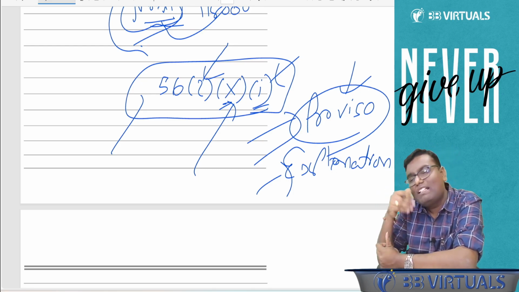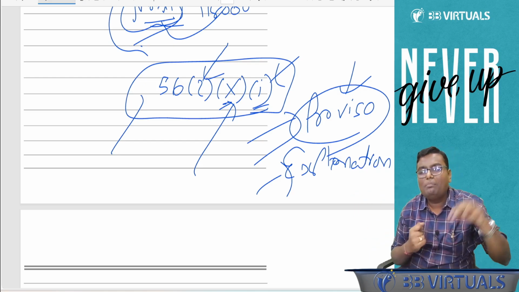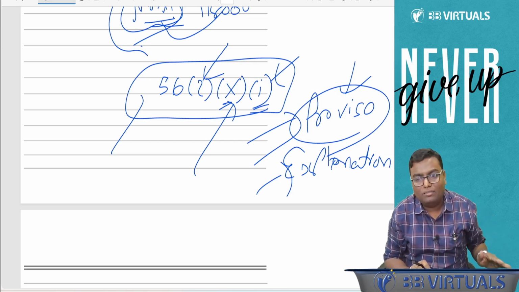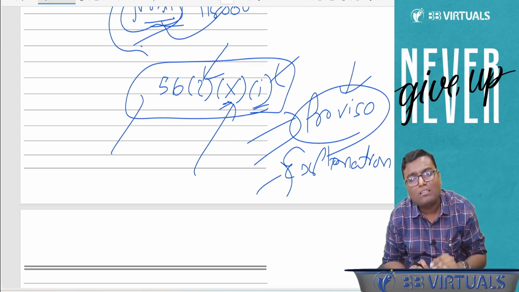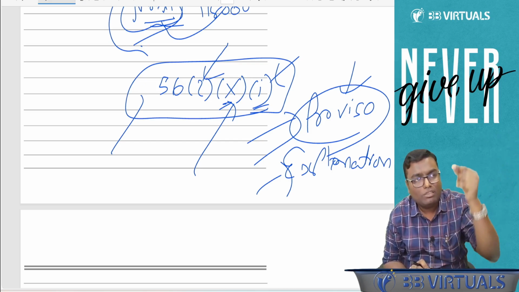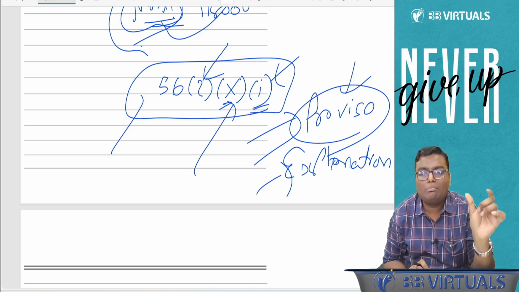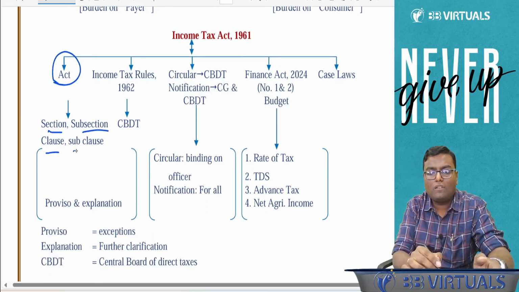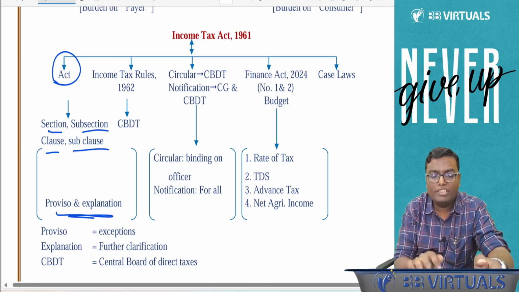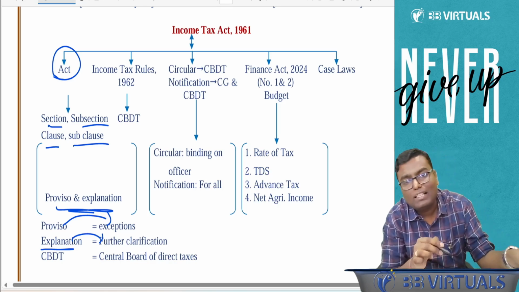That is called an explanation, and it is part and parcel of the section. So whenever you open a particular section of any Act, you will see section, subsection, clause, subclause. If exceptions are there, they will be written in proviso, and further clarifications will be given in explanation. Proviso means exceptions. Explanation means further clarifications.